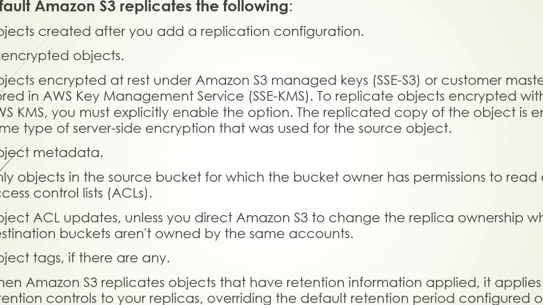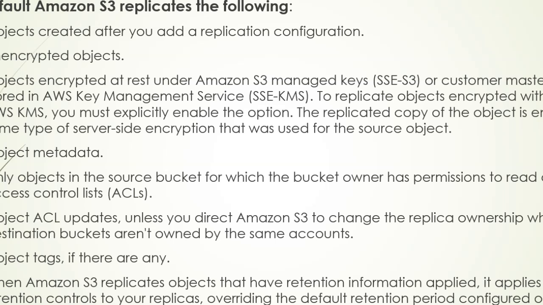If there are some objects residing in your S3 and you enable replication afterwards, those objects are not going to be replicated. It also replicates unencrypted objects and objects encrypted at rest under S3 managed keys, SSE-S3 keys, or CMKs stored in KMS services. To replicate objects encrypted with CMKs stored in AWS KMS, you must explicitly enable the option.